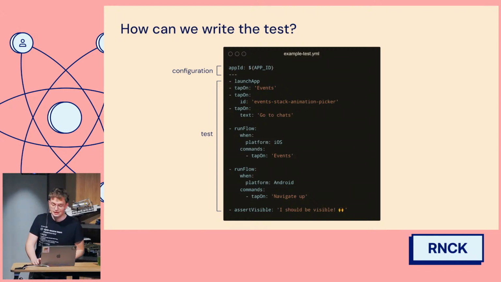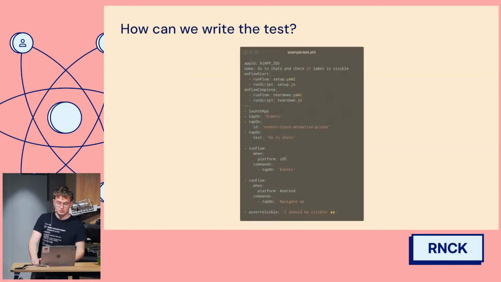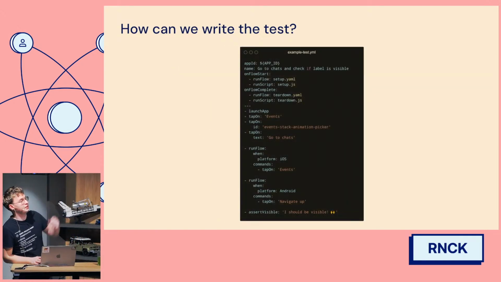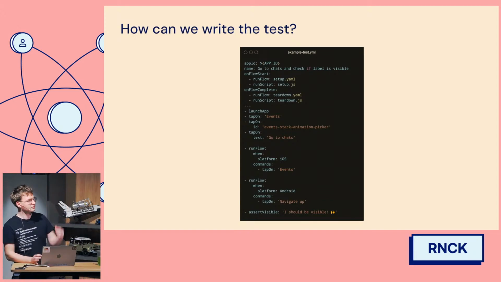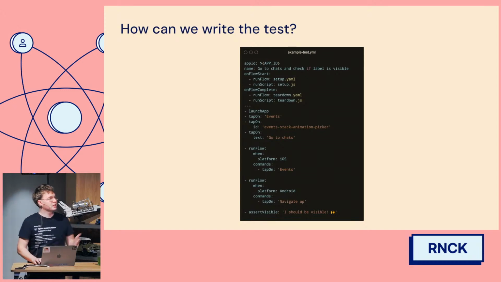Really easy, huh? Of course, our configuration section could be more advanced. We could have more properties there. Like here, I am also using onFlowStart or onFlowComplete. onFlowStart and onFlowComplete are a set of operations that we can choose to run at the start of our flow or at the flow end. We can also choose the name there that will be shown in the Maestro runner.